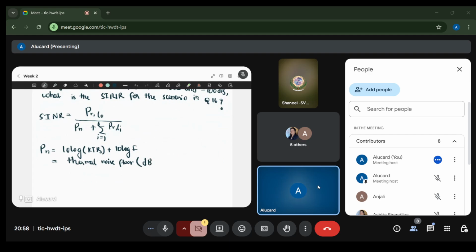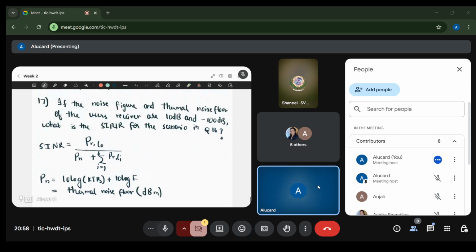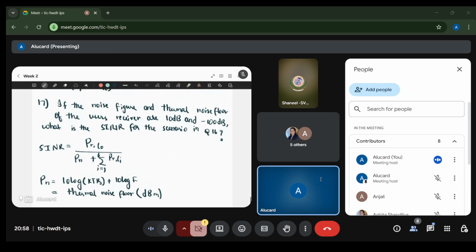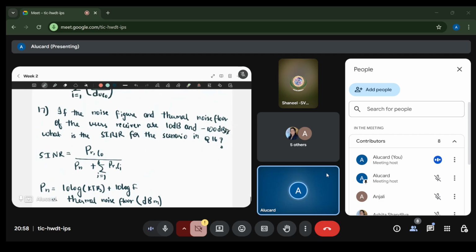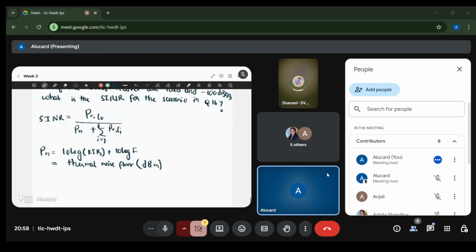So this is in dBm, right? It's dBm plus noise figure in dB, and that'll give you Pn in dBm. So if you add a quantity in dBm with some dB, then the result is also in dBm. So you get that.